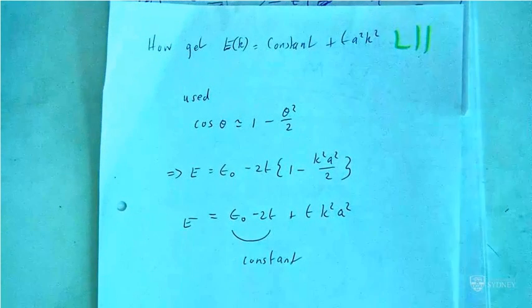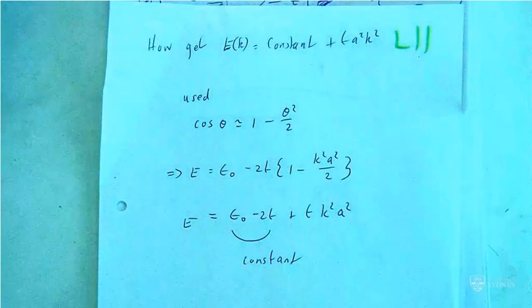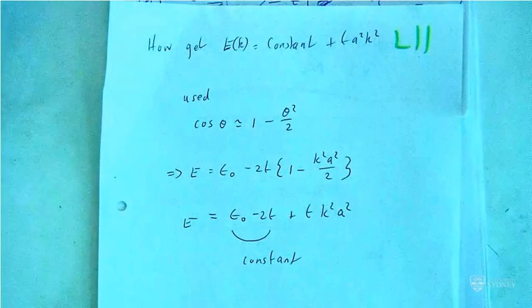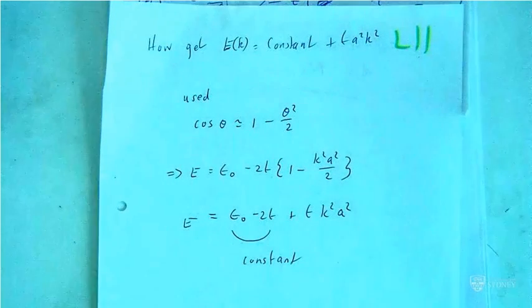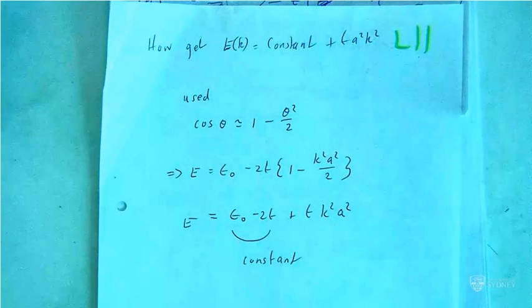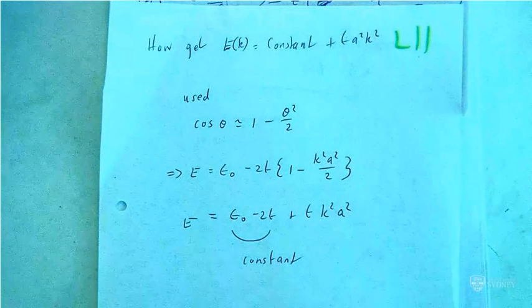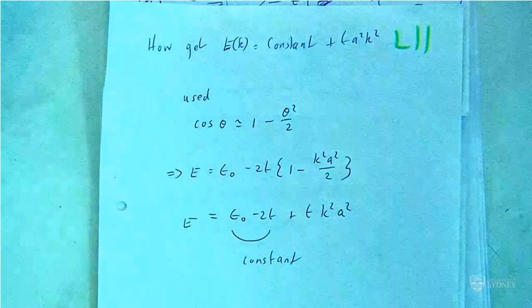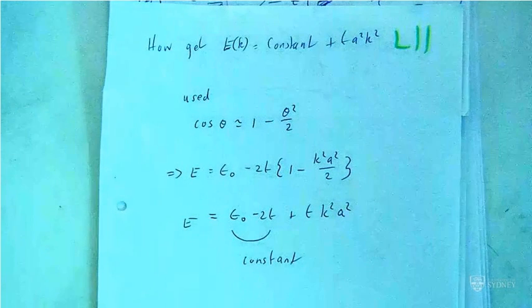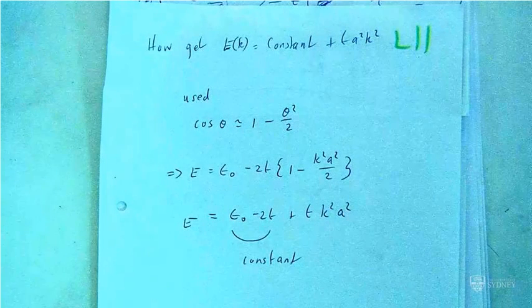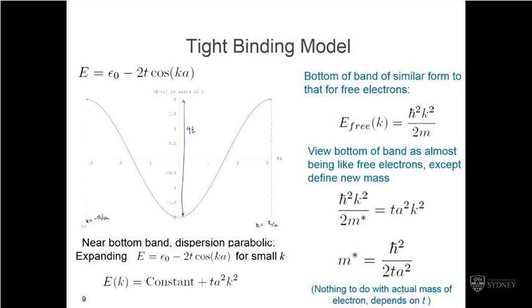So what's the point of that? The point of that is that we can recognize that it is sort of a parabolic shape. Energy goes as k squared. And then we can determine our effective mass by comparison to our free electron case here.